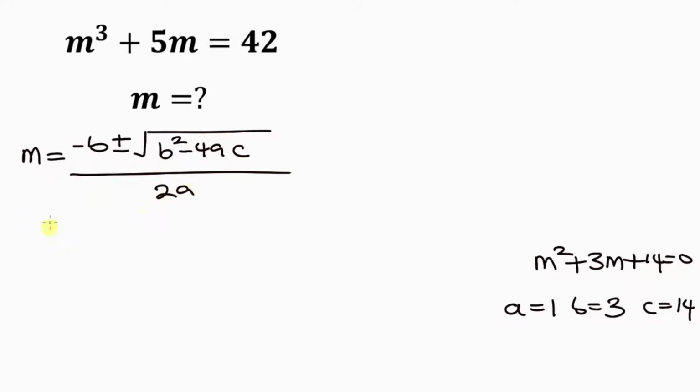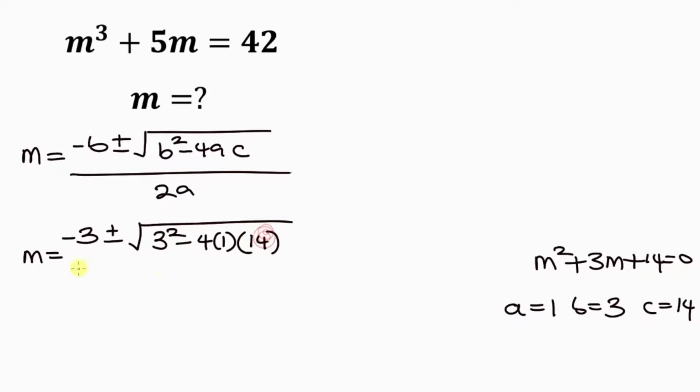Now let's substitute here. So m will be negative b, so that will be negative 3 because b is 3, plus or minus the square root of 3 squared minus 4 times a is 1, times c is 14, all over 2a, so that is 2 times 1.